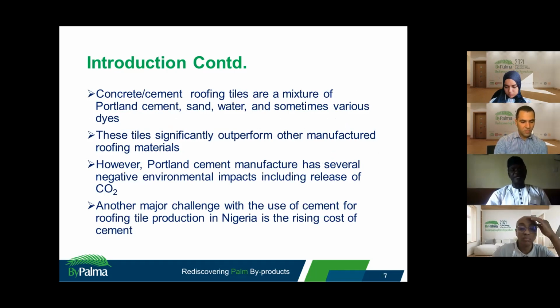For example, there is a challenge of CO2 emission in the manufacture of cement itself, and so environmentalists are opposed to the level of CO2 emission in cement manufacture. There's also the challenge of rising costs, including in Nigeria.